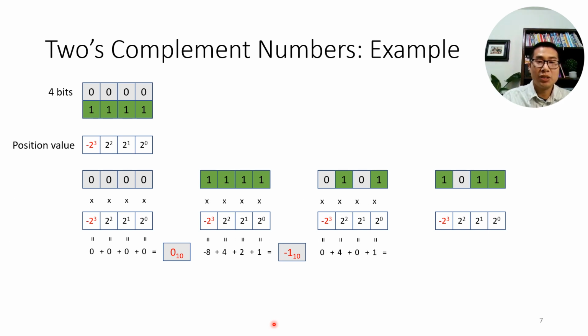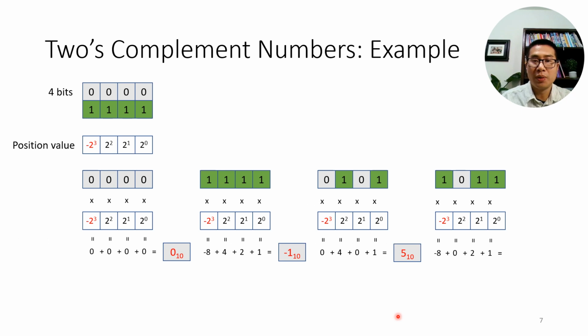Then the next one we do the same thing. This one times -8 is 0, this one times 4 is 4, this one 0 times whatever is 0, and this one is 1 times 1, which produces 1, so this represents 5 in base 10.